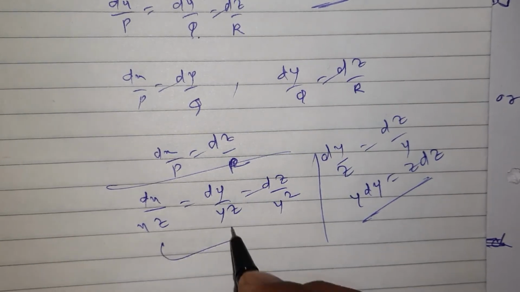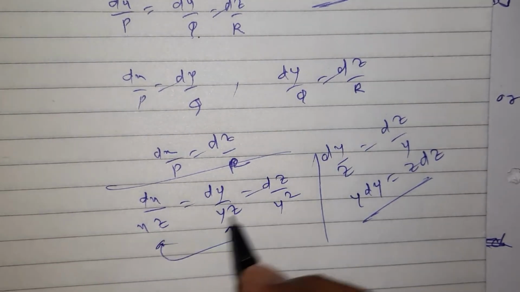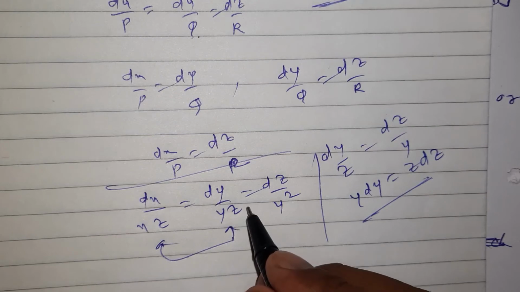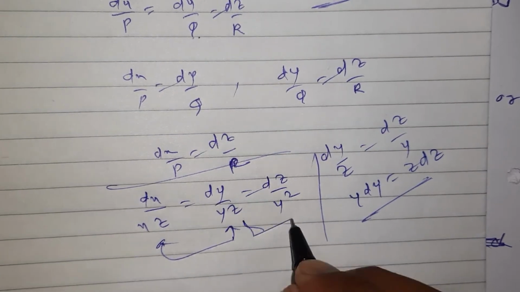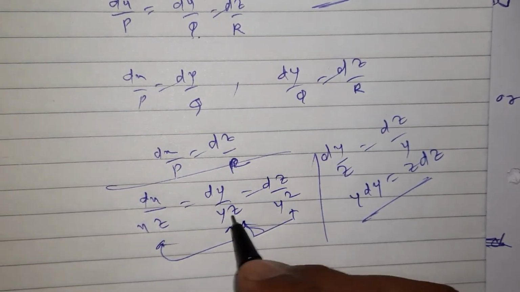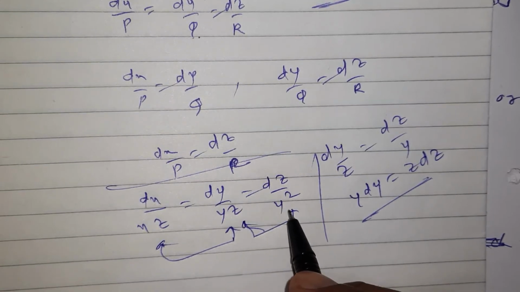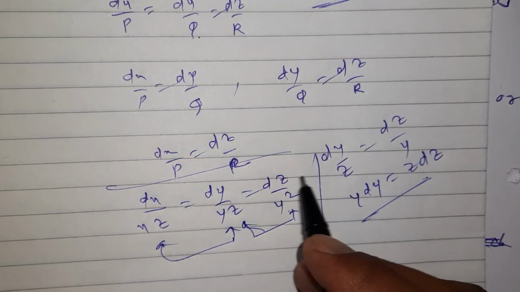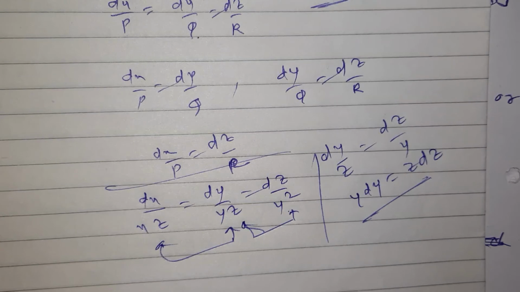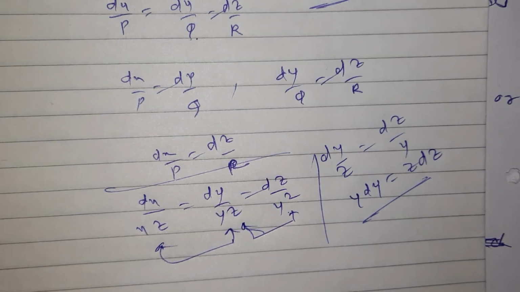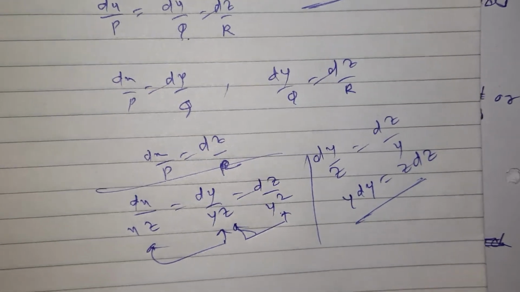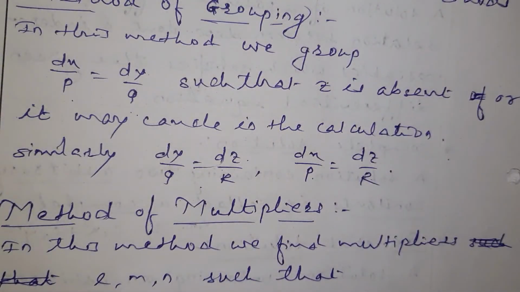Yes, the first two groups you can equate because z gets cancelled. Similarly, these two groups are also possible because only y and z are there. Understood? So this gives us two solutions. Hope you have understood the method. Clearly, this is our method of grouping, which is much easier. Next one is our method of multipliers.